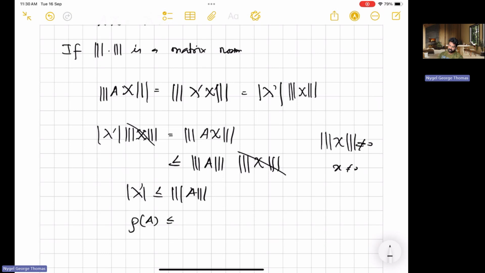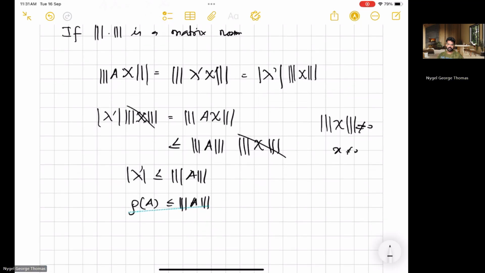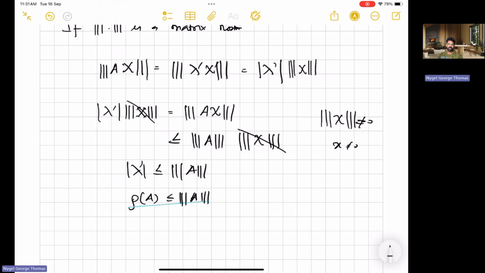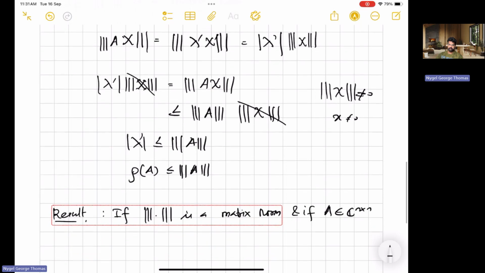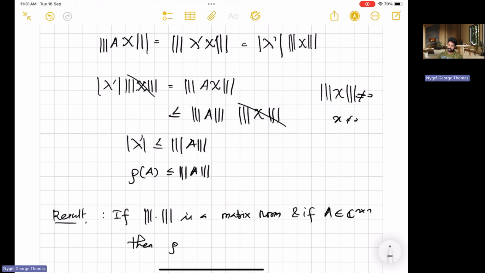This is rho of A. Rho of A is less than or equal to the matrix norm of A. So what this means is, if this is a matrix norm and A is n cross n, then rho of A is always less than or equal to the norm of A.